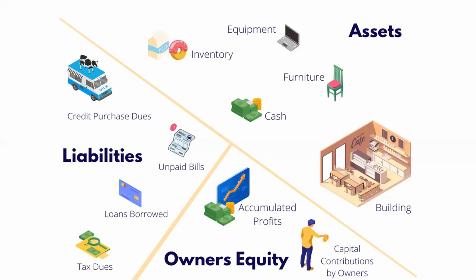So you have control of the motor vehicle. So it would still be an asset in your books, even though you have not fully paid for it. The reason is control, you control it. Okay, so that was assets.